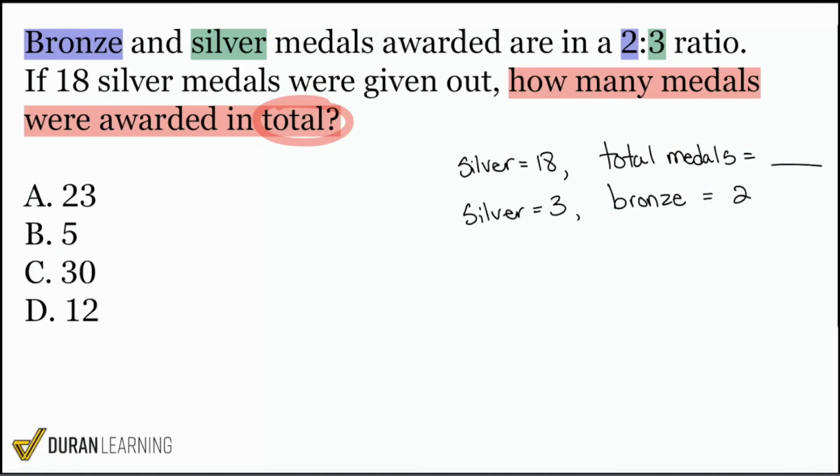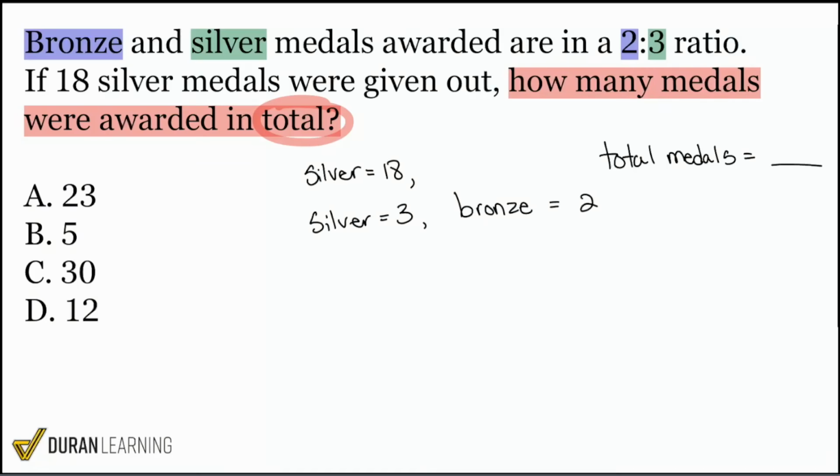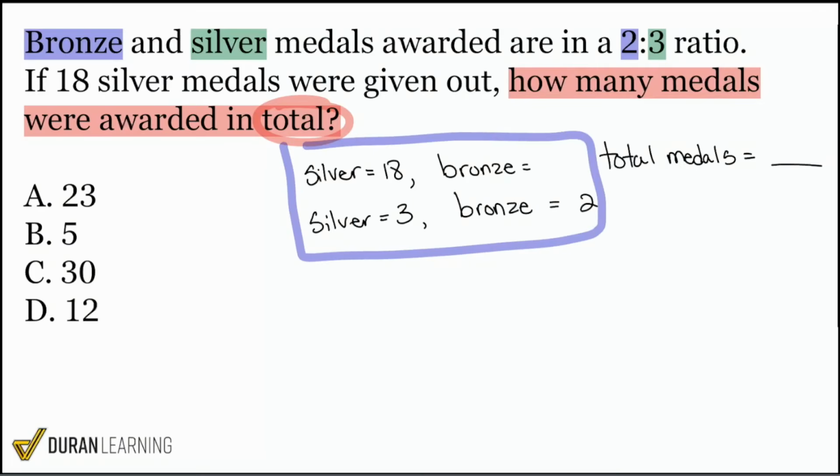A much better way to represent this is if we just nudge this over, and we have a choice to make. We can say that we're trying to find the bronze right over here and just focus on this. Let me use a different color. We can just focus on this for our proportion.